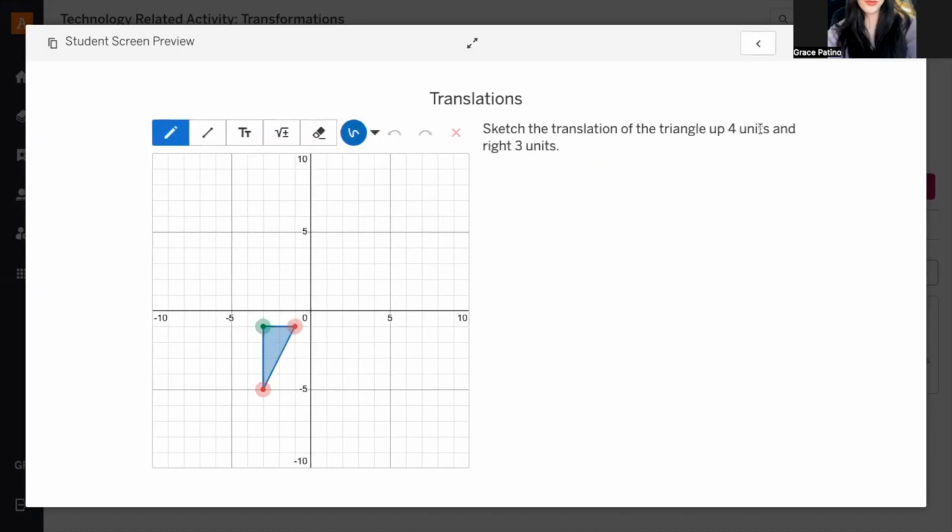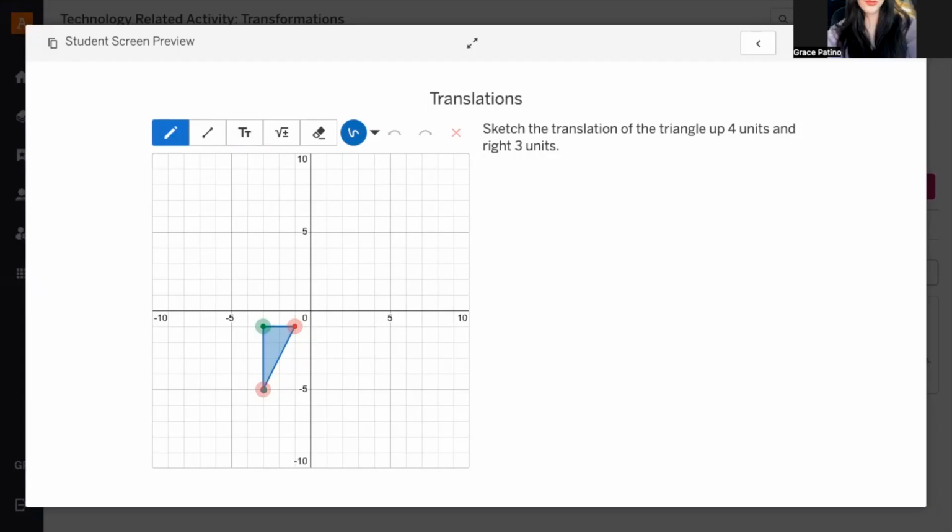Okay, second part of translations. This says sketch the translation of the triangle up 4 units and to the right 3 units. So students would go in here and they would see, okay, here we have this point right here, which is at -3, -5.